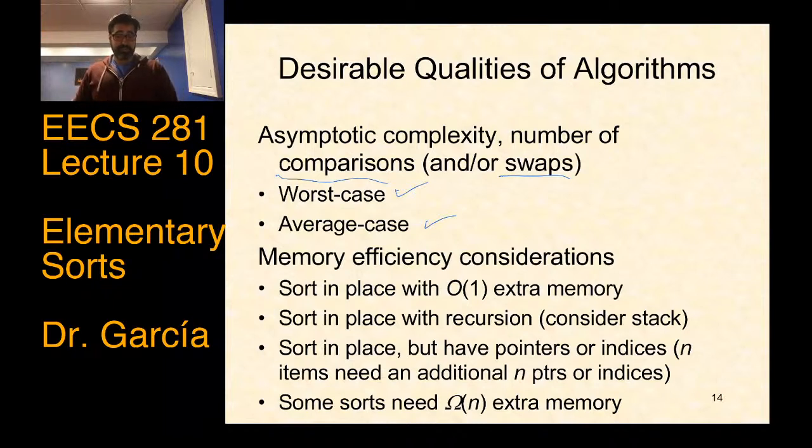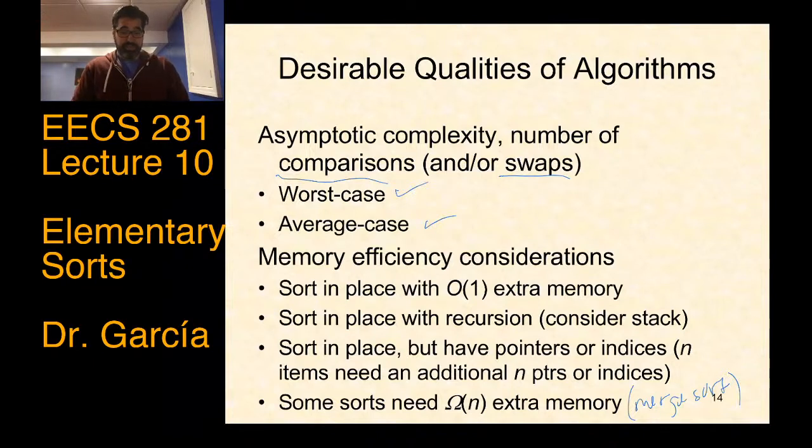Same deal. Some sorts might need at least a linear amount of extra memory, and we'll talk about what that algorithm is. In fact, I'll save you. This is really merge sort, the one that is going to need extra memory. Save you the suspense. Okay.